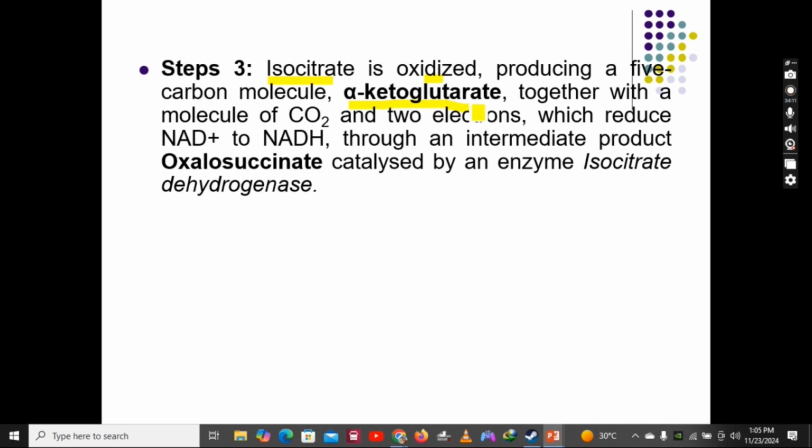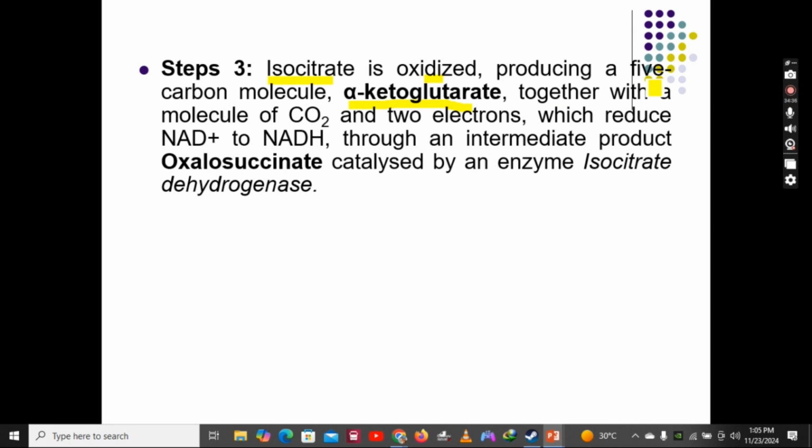Meaning one carbon has been lost, because isocitrate is a 6-carbon molecule. For this alpha ketoglutarate to be produced, one carbon molecule has been lost, and alpha ketoglutarate is a 5-carbon molecule.